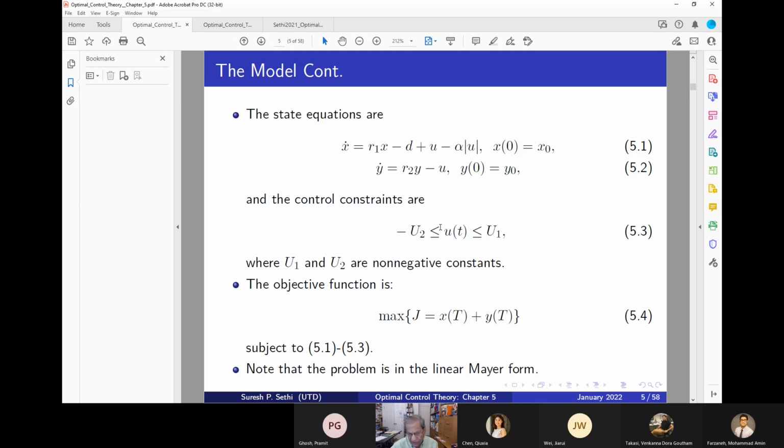I restrict the u to be between these two bounds. They are given to be constants. The objective function, there are two ways to write it. One is that you can accumulate all the interest and securities as you go along over time and integrate it.